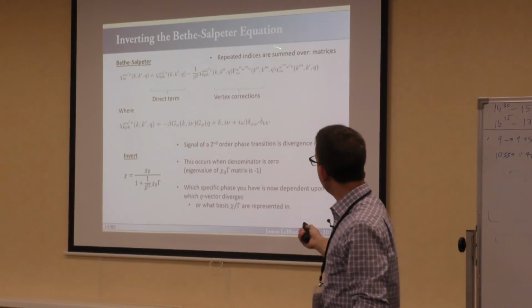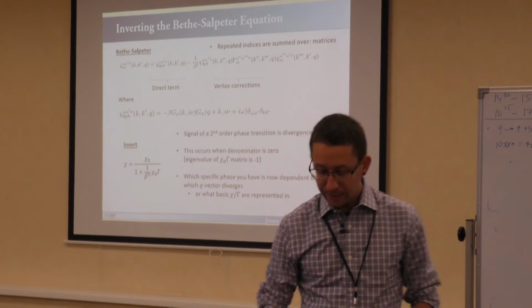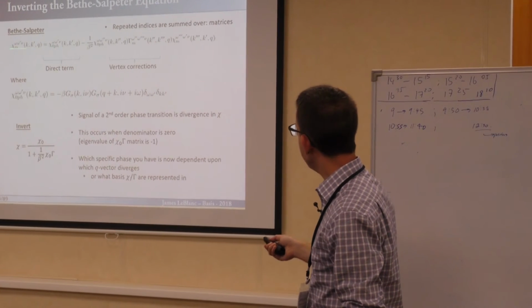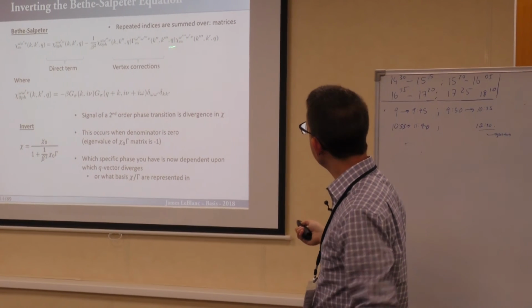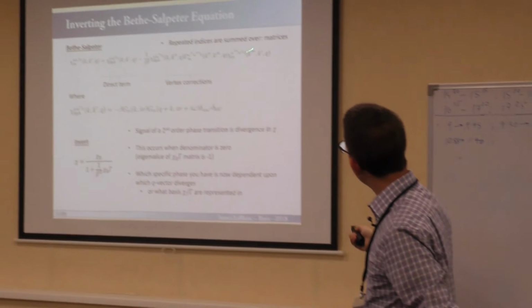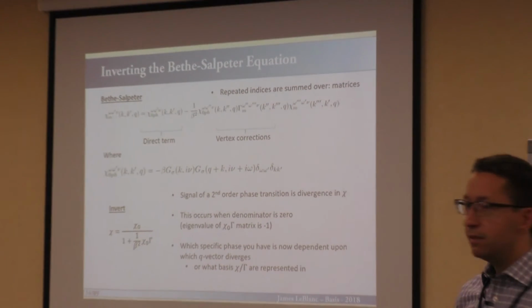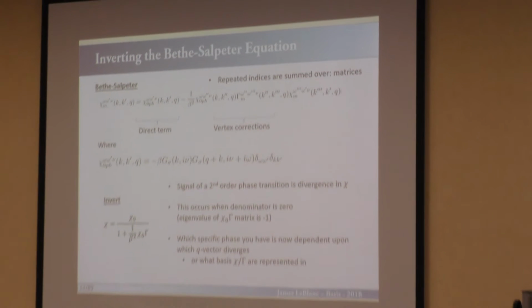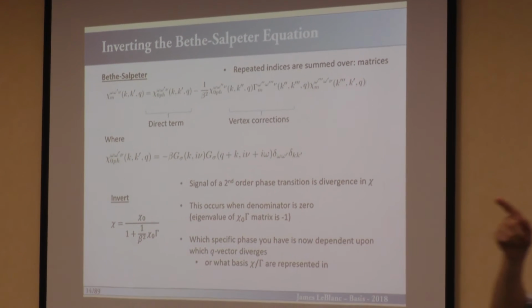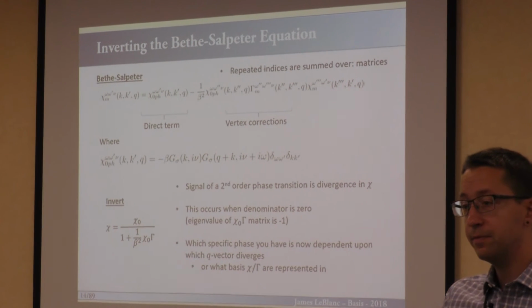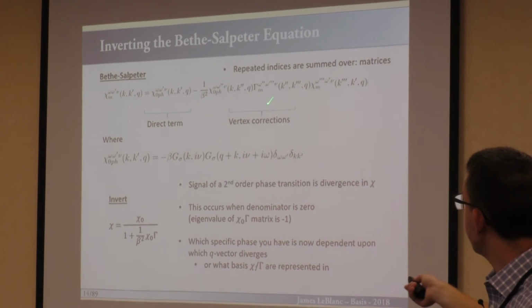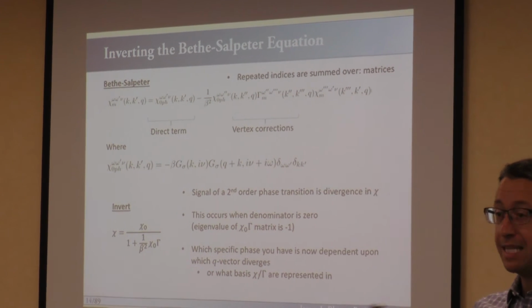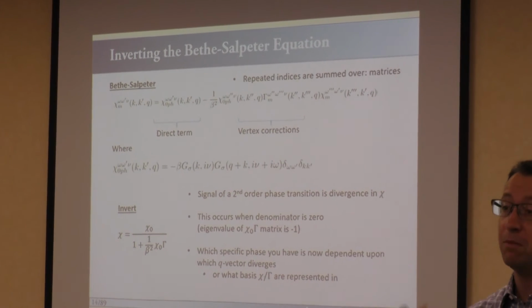So the reason why this is important is that you can take this equation, which looks like a big mess, with a lot of double primes, triple primes, et cetera. These can all be seen as matrix objects. So you can take the bosonic element away and consider it to be a matrix in the 2 fermionic frequencies. So now you have matrix multiplications, which means that the repeated indices are essentially summed over.